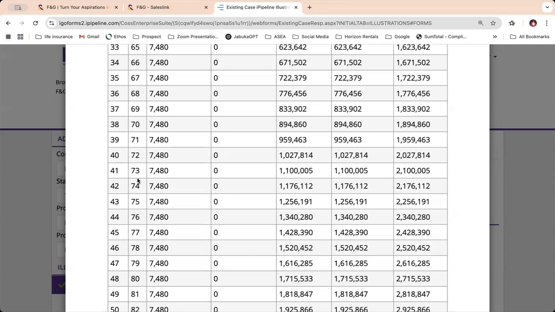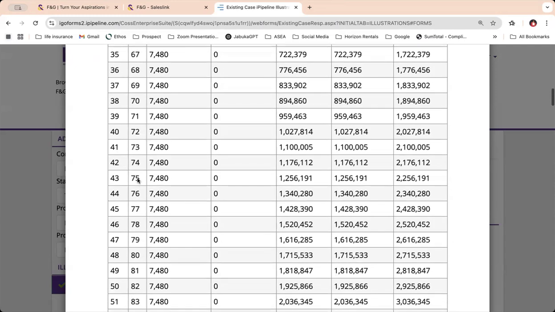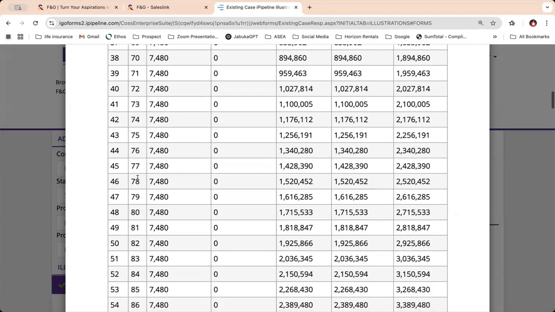Okay? So can you explain to me, Amos, how does autopilot work? Let's say a client decides to contribute to this policy for 15 years or 30 years. You can set it up for them.